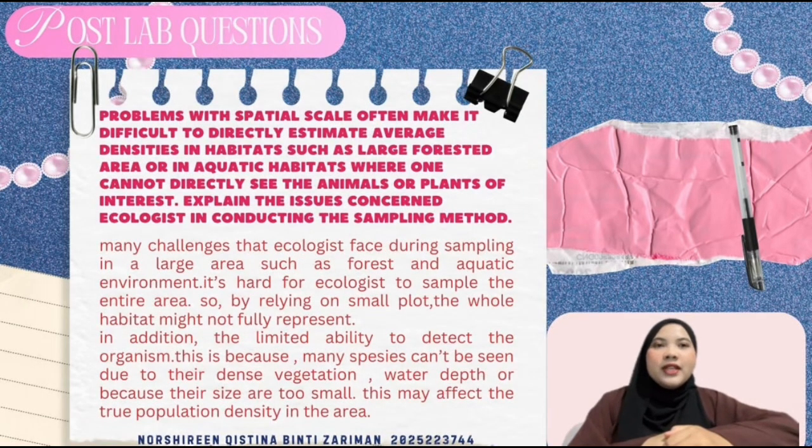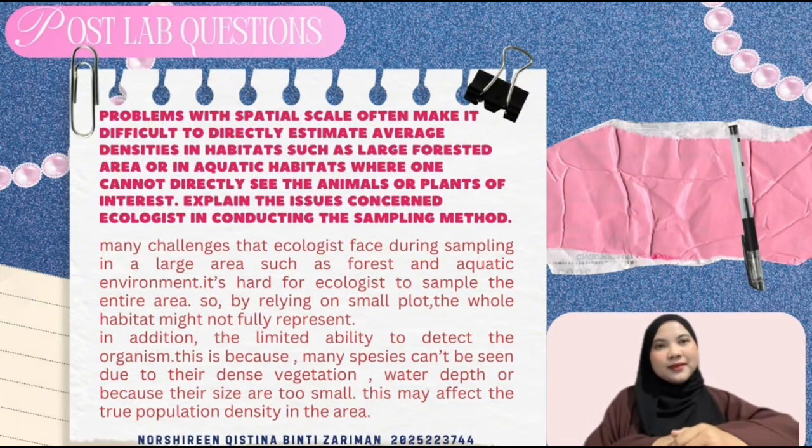So, moving to the next question, which is what issues concern ecologists in conducting the sampling method. There are many challenges that ecologists need to face when sampling in a large area. It is hard for ecologists to sample the entire area. By relying on small plots, the whole habitat may not be represented.